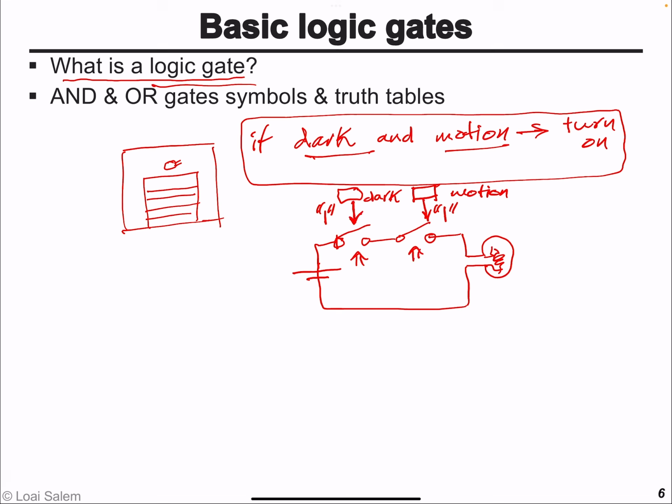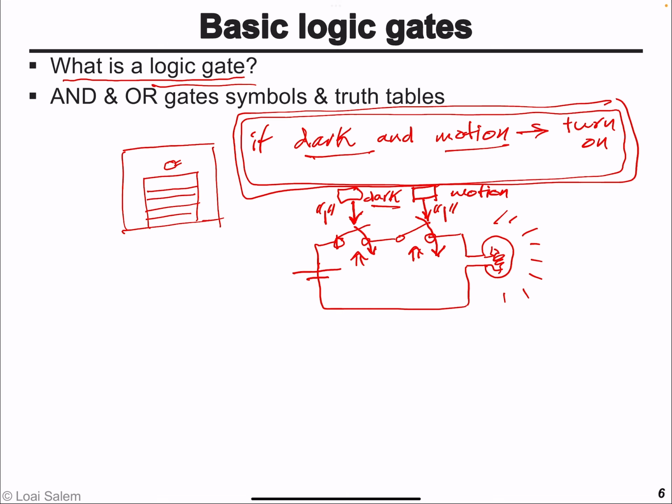So once it's dark, this switch is going to turn on. And when there is motion, the second switch is going to turn on. And so the light bulb is going to give light, or turn on. Okay, so circuits that implement logical expressions are basically called logic gates.